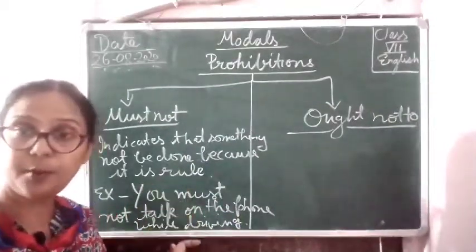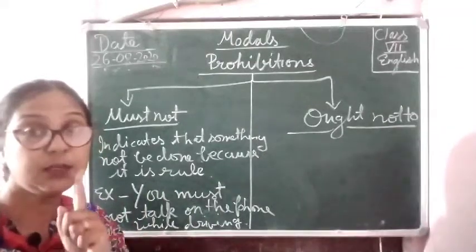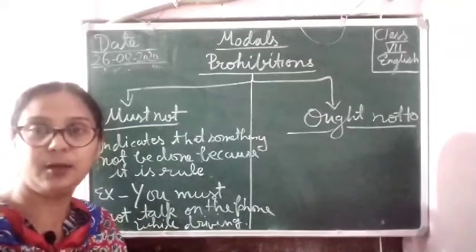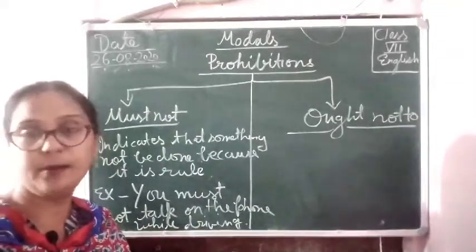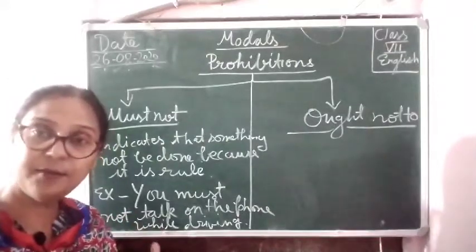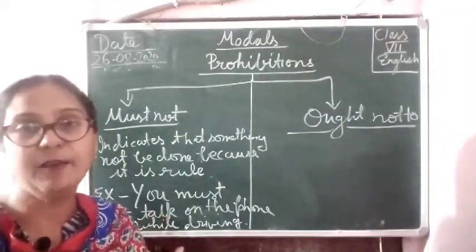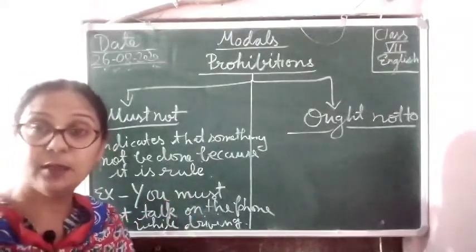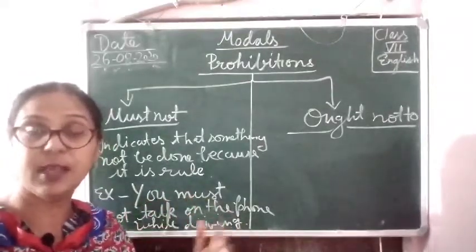This is the prohibition: you must not spit on the road. So this is also a prohibition. But very few people are obeying this. Why? Because there is no penalty. Some places have a penalty. That is why people do not spit on the road or on the roadside.